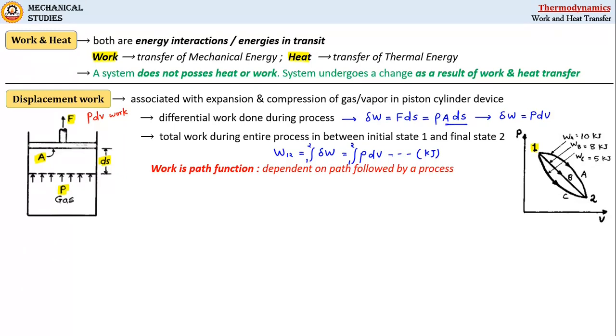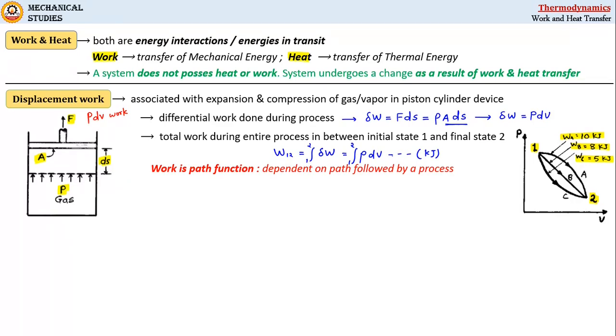Here the work interactions involved in the three different processes will be different, as you can see, since the paths followed by these three processes are different, and that is why work is called a path function, because it depends on the path followed by the process.